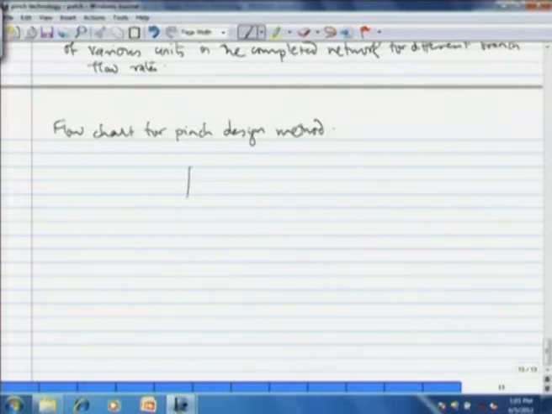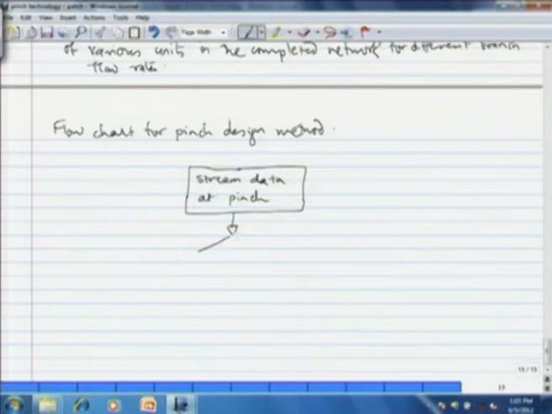You have the stream data at the pinch, then you have to first see whether the stream population criteria is satisfied, SH less or equal to SC for above pinch region.